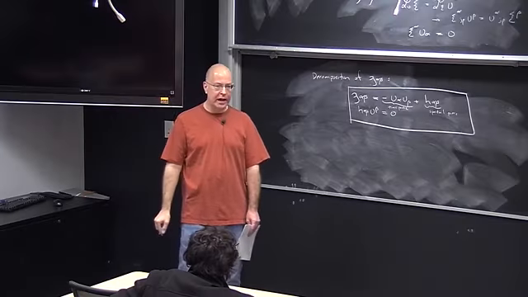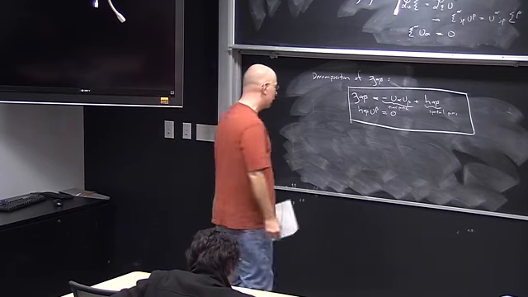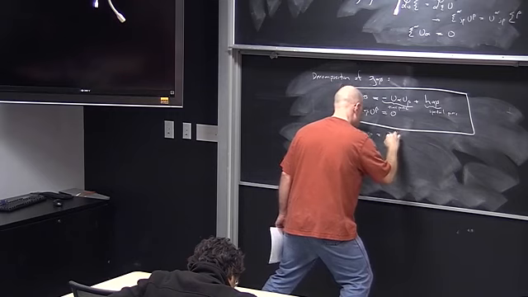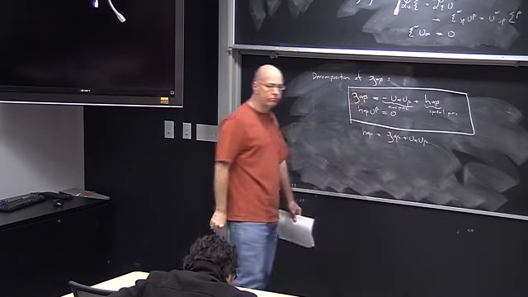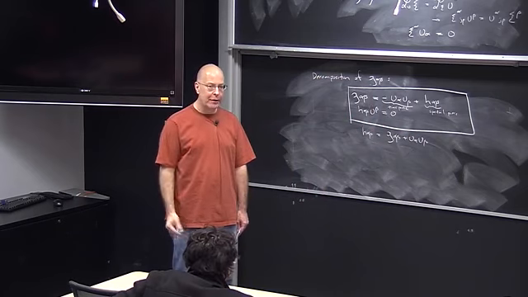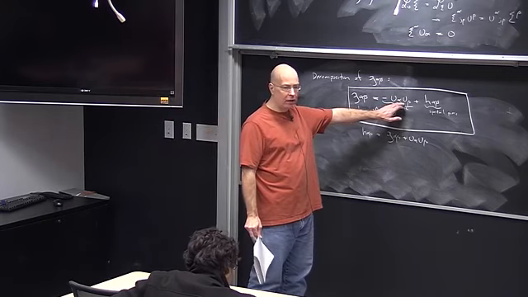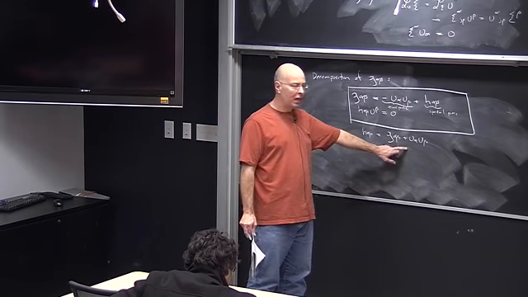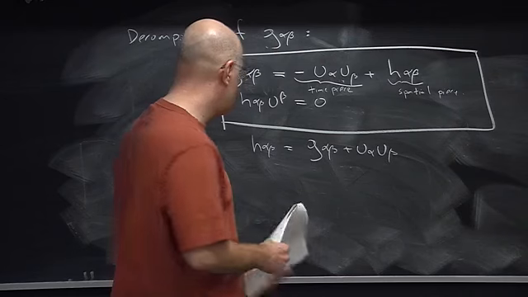And if you want to know what H alpha beta really stands for, it's just that. So given the metric and the vector field, we can decompose the metric into something purely along the lines of the vector field, and then something left over, and what's left over is obviously the difference between this and that, and that's what we get on the second line.